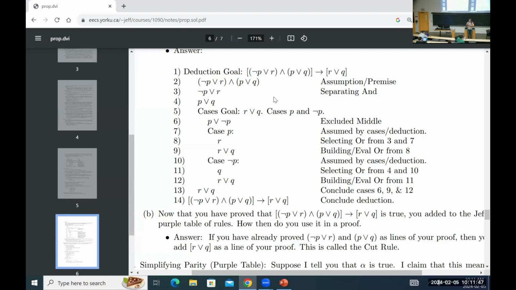And I chose P. Now, why did I choose P? Well, quite frankly, it's because P appears in two of my ors. So it's going to give me more power. And in fact, the other thing I can kind of see is that P is negated in one and not negated in the other.